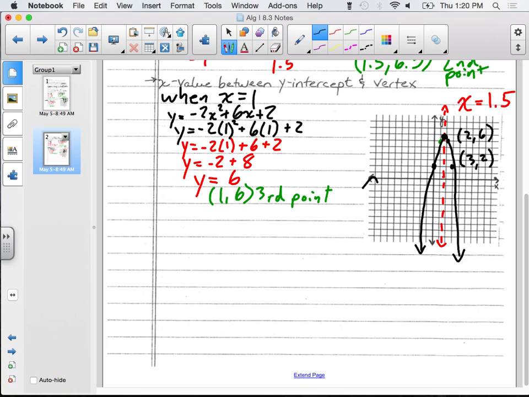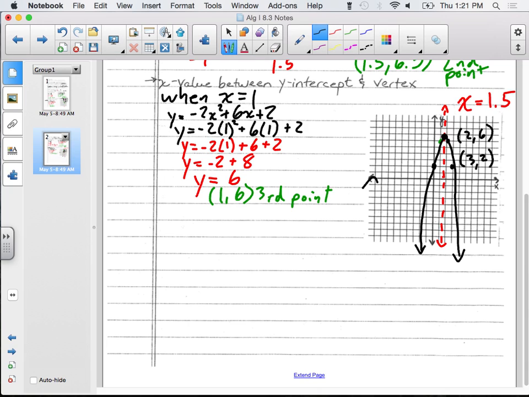All right. Now here's one more little tidbit. What if we had an axis of symmetry that was on 1/2? Then our y-intercept has x value 0. We reflect that and find another point, so we have 0 and 1. The vertex would be at 1/2.